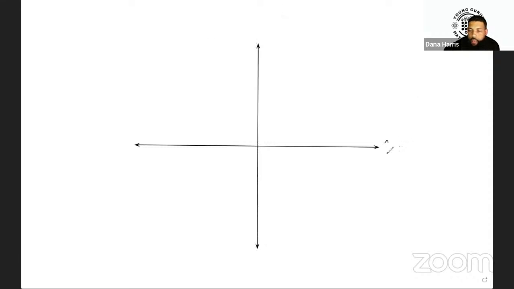Remember, there's the x-axis and the y-axis, and it doesn't matter which side you put those on. Then let's label these. Let's just go 1, 2, 3. Now, of course, we have positive 1, 2, 3, 4, 5, and 6.